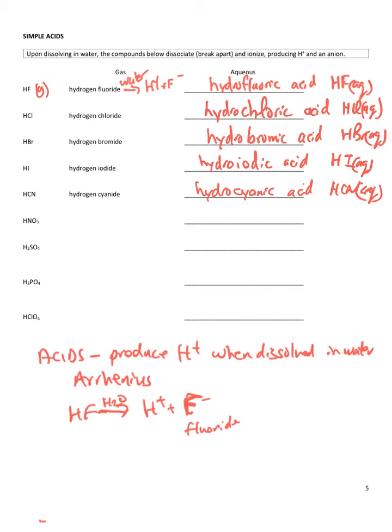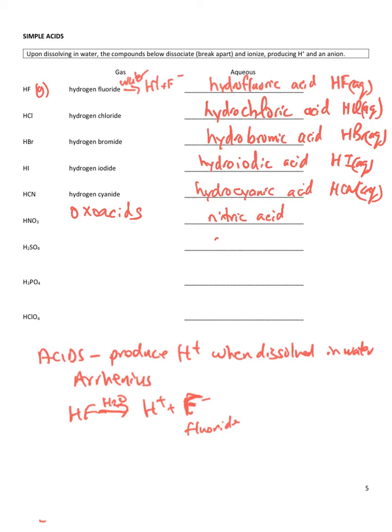There are some other acids that you need to be aware of. These are all going to be oxoacids, so classified because they have oxygen in them. HNO3 is going to be nitric acid.